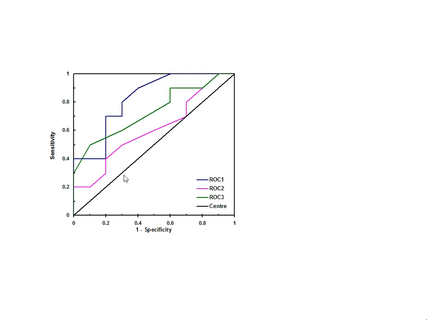As I mentioned before, the closer you are to the diagonal, the worse the test is, and the higher up you are to the upper left corner, the better the test is. So here, if we're comparing test 1 to test 2 to test 3, it seems that the blue test appears to have the better ROC curve, and therefore you probably need to pick this one.